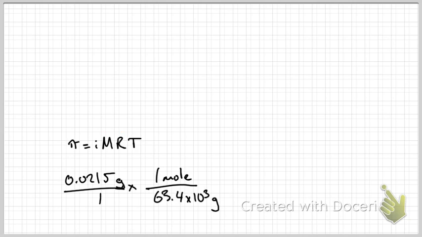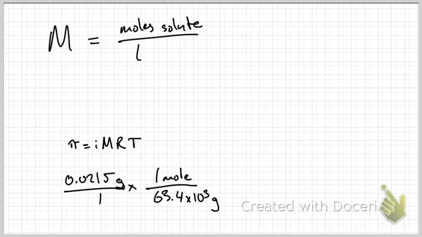You have the amount of solution. What did you get for your molarity first? Let's start there. If you solve for just molarity. 3.12 times 10 to the negative 7 molar.